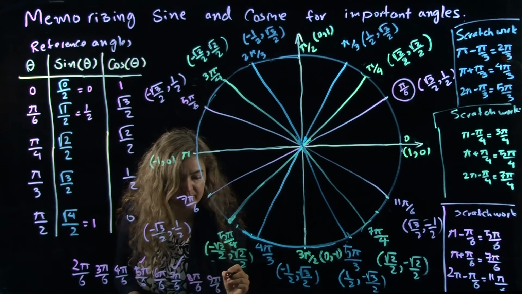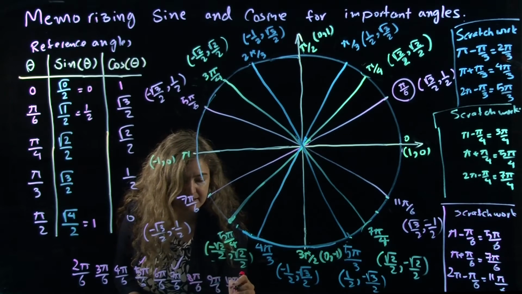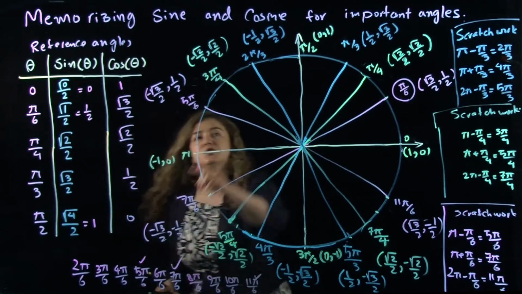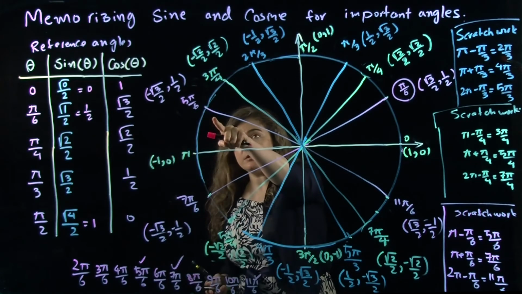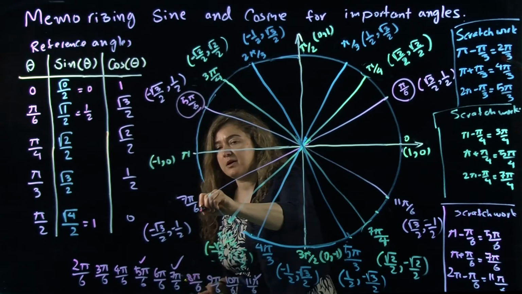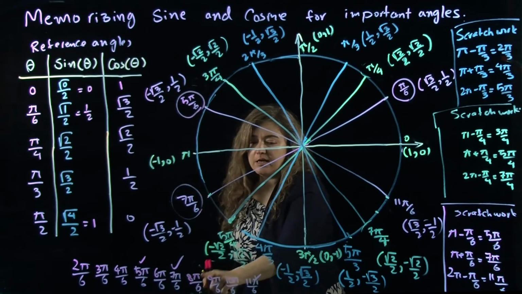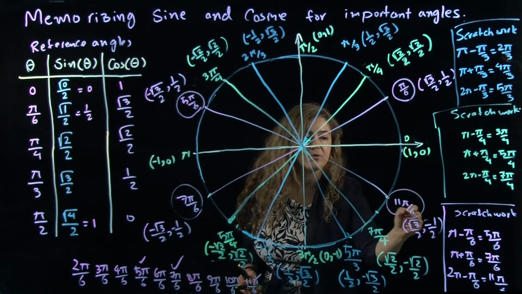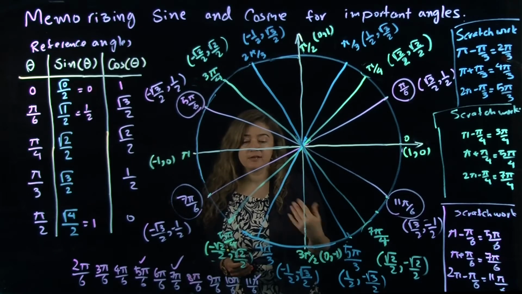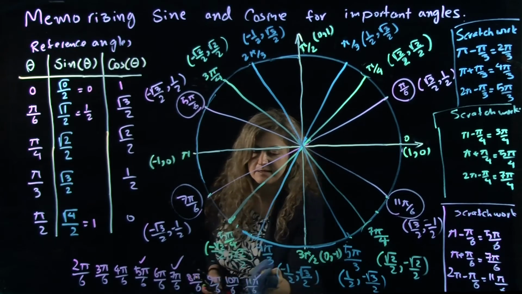These are all simplifiable. 10 pi 6 again. 11 pi 6 is the next one. So 5 pi 6 is the first one after the reference angle, goes over here. Then 7 pi 6 goes over here. Then 11 pi 6 goes over there. And I got everything that is related to the reference angle, pi over 6.